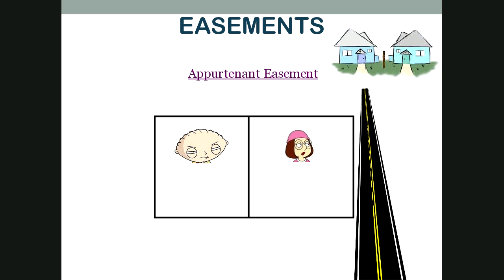Otherwise, he can't get to it. So he's going to ask Meg for an easement to cross her property. Sometimes this is called just an access easement, because he's using it to access his property. But sometimes you'll see these strange words, ingress and egress. That just means to enter and to exit.